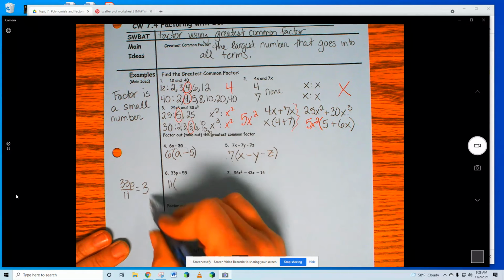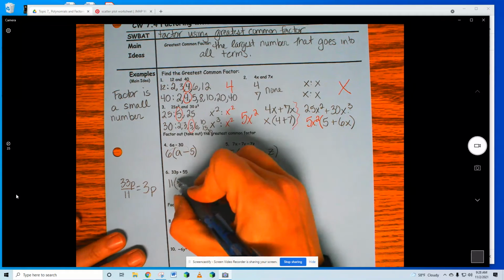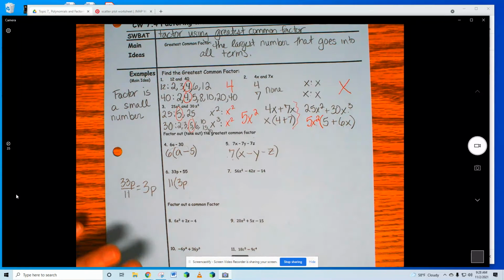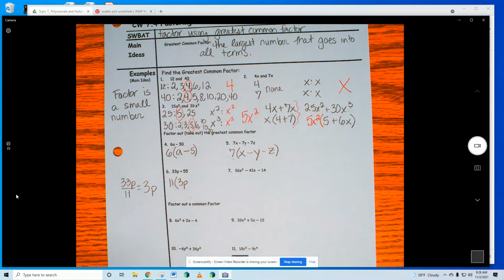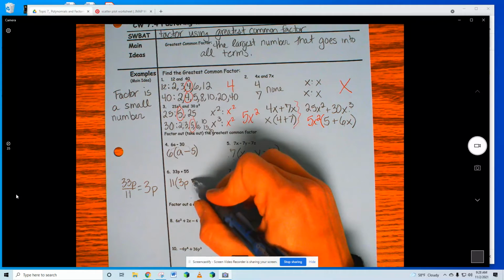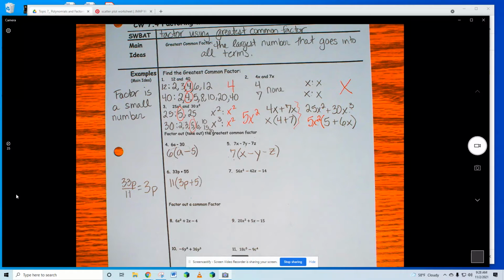P divided out of nothing. So that's where people are getting the 3p from. 55 with 11 divided out. 5. And you have to put the plus sign. Okay.